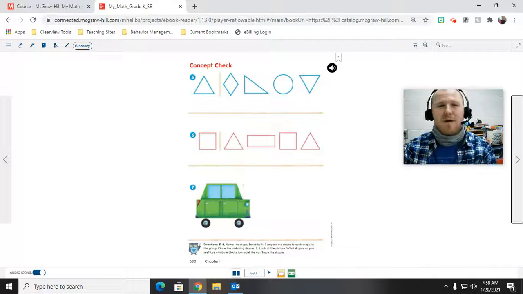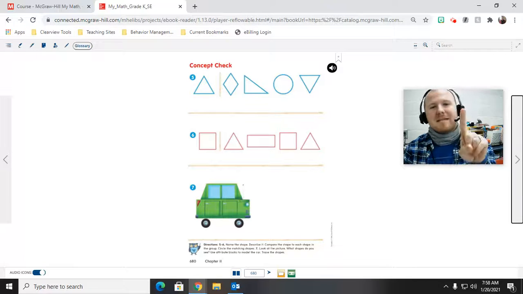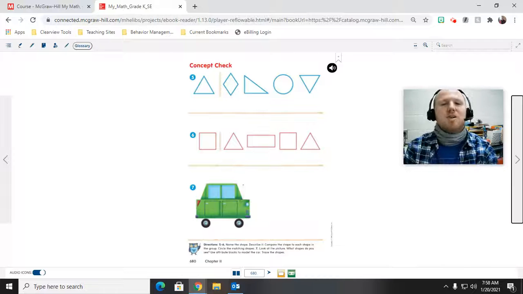Now, I've taught my friends that just because triangles mostly look like this does not mean that there aren't other triangles that don't look like this. So you will find one of the shapes here that looks just like this, but there are actually two shapes like this. And remember, we're looking at how many sides and how many vertices, corners, that a shape has.